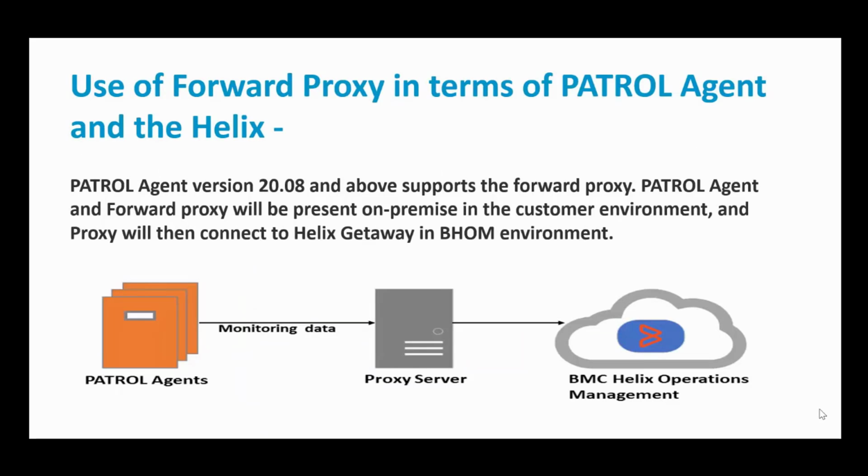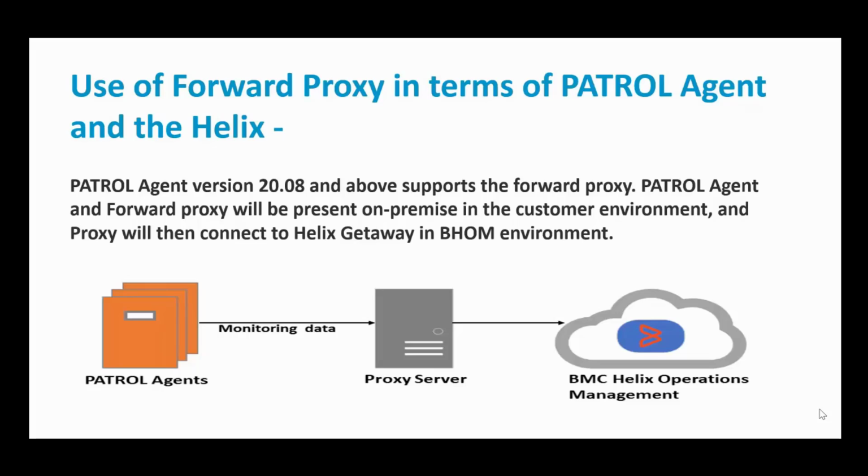Now we'll talk about the use of forward proxy in terms of Patrol Agents and BMC Helix. Patrol Agent version 20.08 and above supports forward proxy. Patrol Agent and forward proxy will be present on-premise in the customer environment, and the proxy will then connect to the Helix gateway in the BHOM environment.